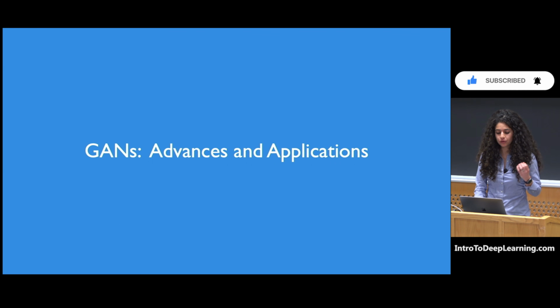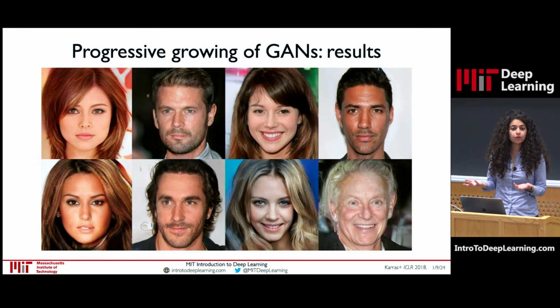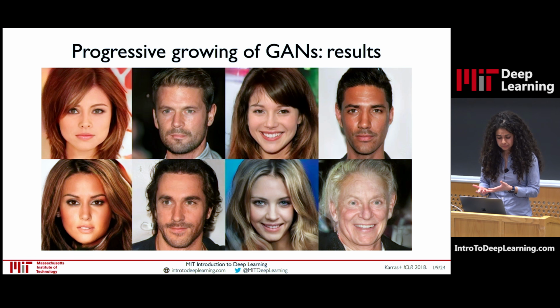So GANs are a very neat framework to think about, and they are indeed the architecture that was used to generate some of those types of face images that I showed on slide 1. There are different advances that have been proposed from a modeling perspective that allow better results to come from GANs.